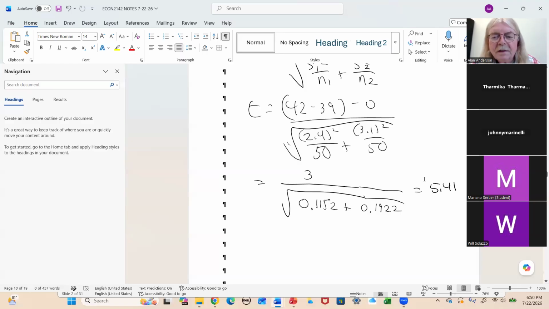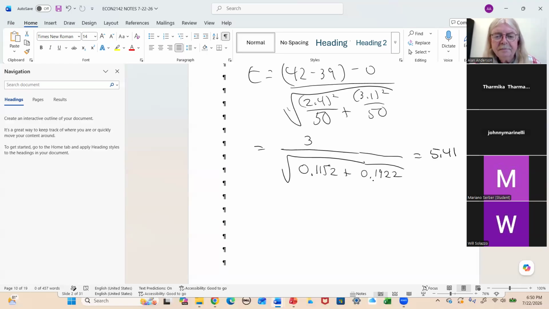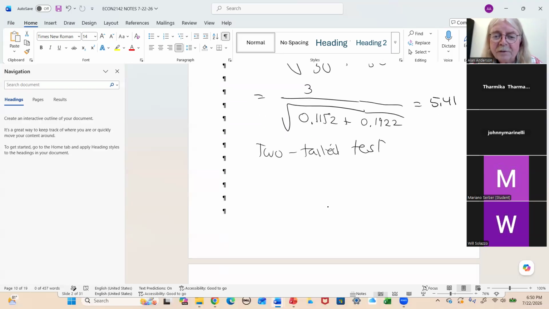Now, since this is a two-tailed test, oh, I see. You know what the holdup with this one is, the critical values require the really messy formula for degrees of freedom.